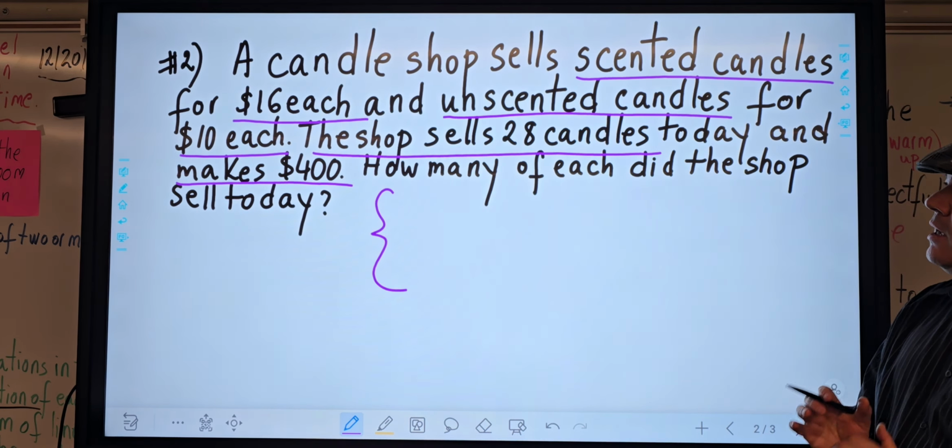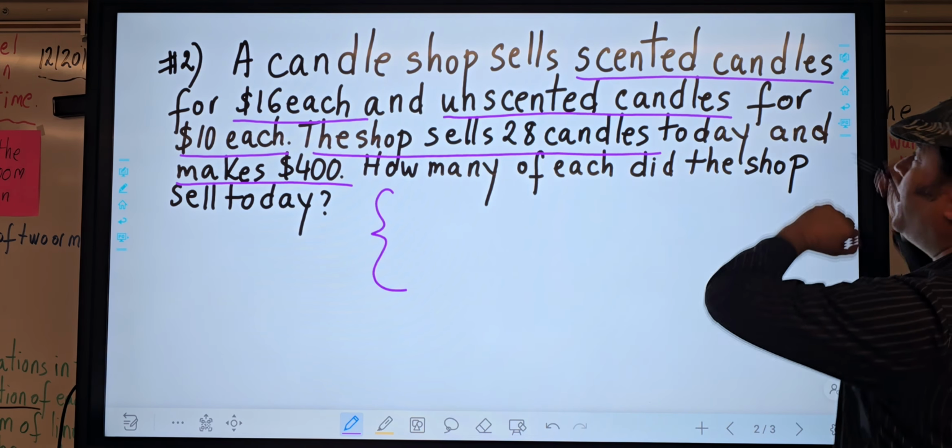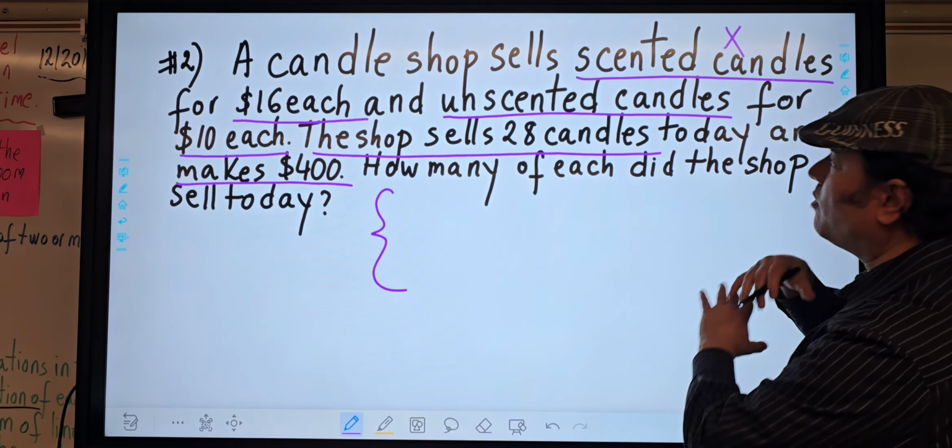But before that, let's call the scented candles X, because we do not know how many there are.